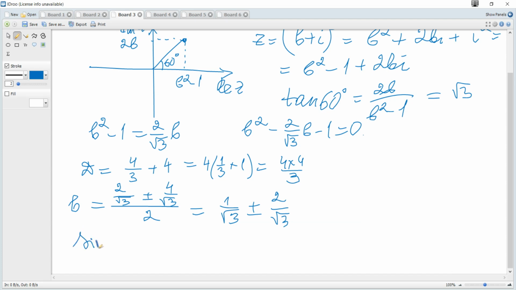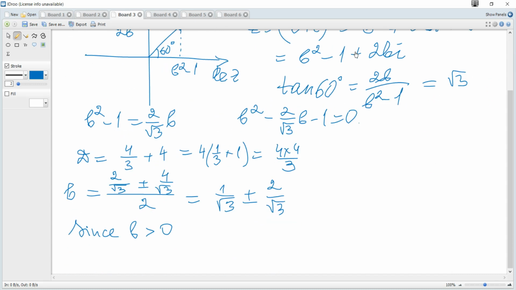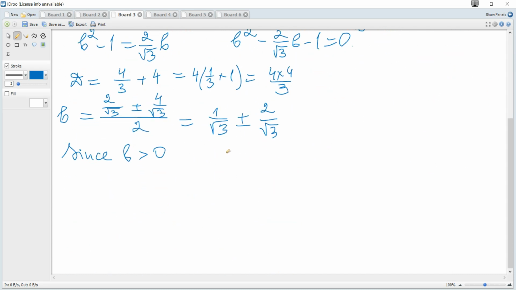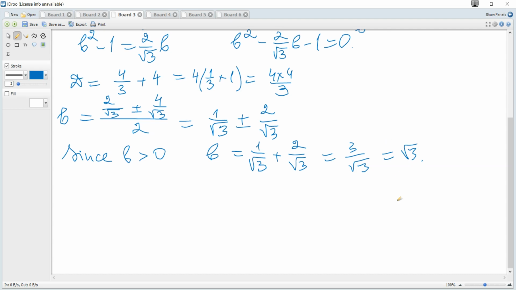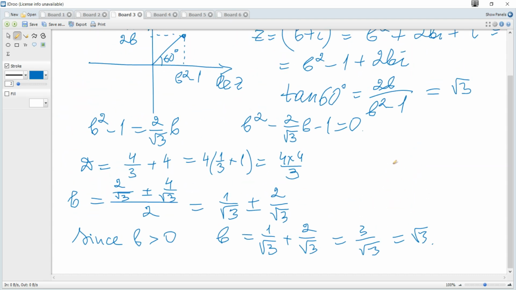And since b is real and positive, as given, b is 1 over √3 plus 2 over √3, which is 3 over √3, and it's just √3. When minus is used here, we can see that it's negative. So there is only one possible value of b, and it's √3.